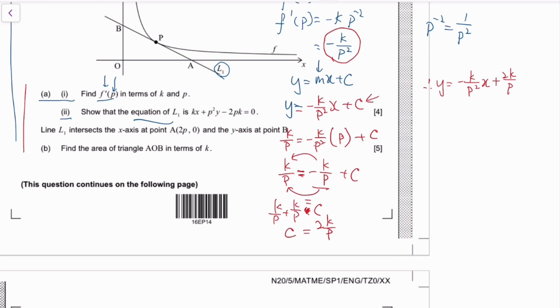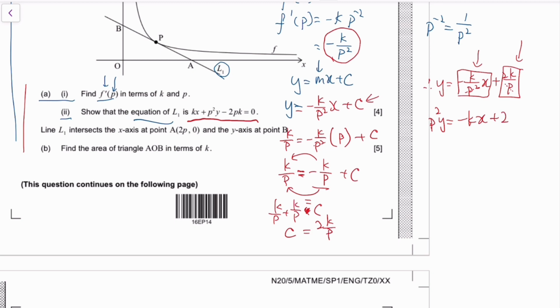Okay, but then you want the line to be in this form. That simply means you don't want any denominator. So you multiply both sides by p squared. So it becomes p squared y equals, when you multiply this by p squared, it cancels out the p squared in the bottom. So it's minus kx plus, if you multiply this by p squared, it cancels out one of the p. So there is still one more p.